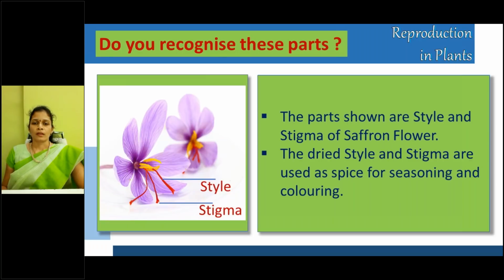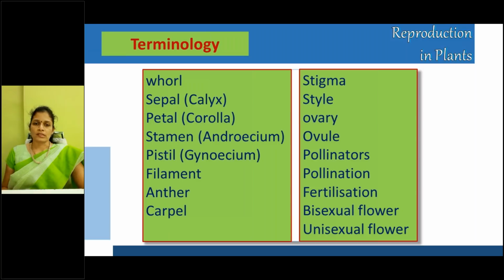Okay, children? Now let us see the terminology of this session. Whorl. Sepal or calyx. Petal or corolla. Stamen or androecium. Pistil or gynoecium.